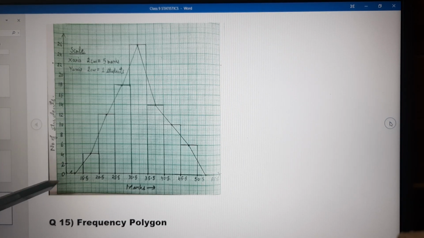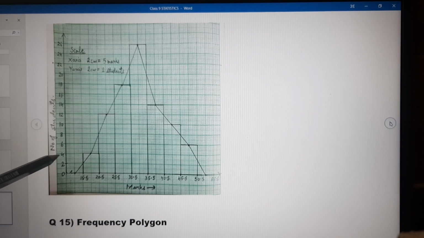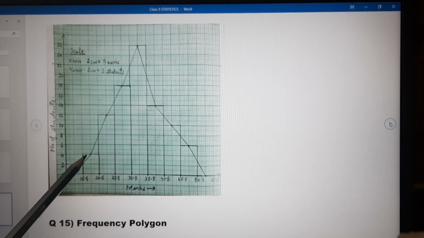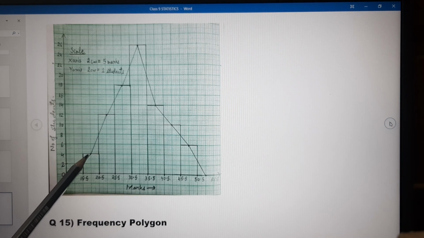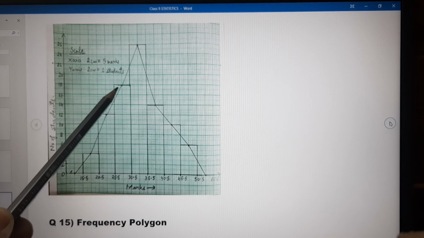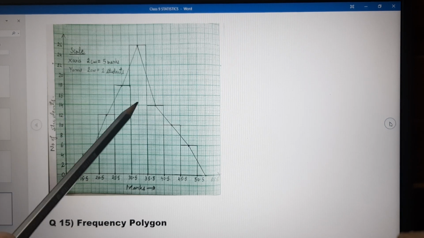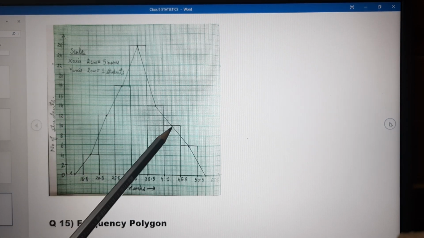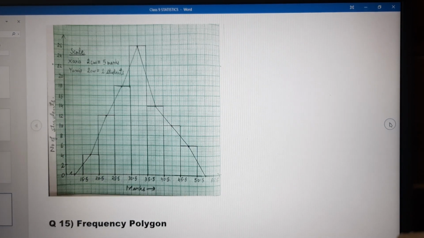Now, on the y-axis, it is 0 to 2, 2 to 4, so the gap is of 2 each. Fine. Then we have drawn the histogram: 4, then 12, then 18, then 26, then 14, then 10, and then 6. What have we done?